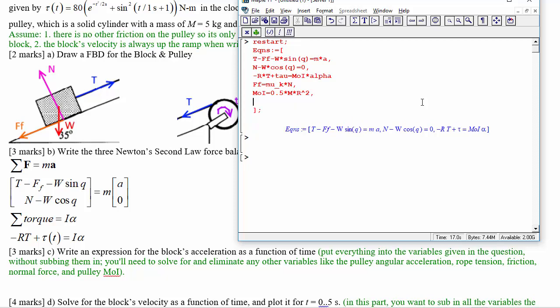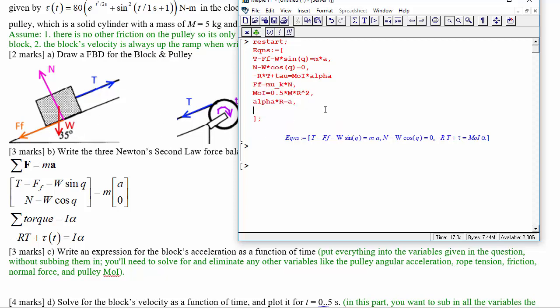We need to relate the angular acceleration to the linear acceleration. So alpha r is equal to a. That's because the rope doesn't stretch. And we need to tell it what the weight is. We need to say that W is equal to M times G. So this is the total set of equations.